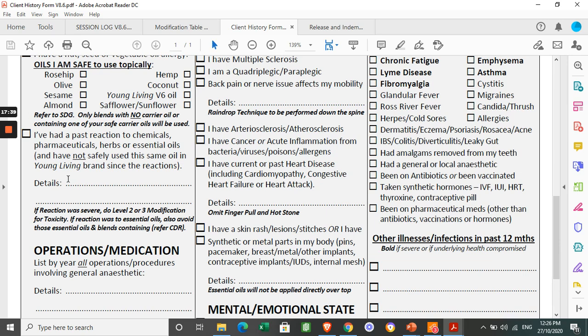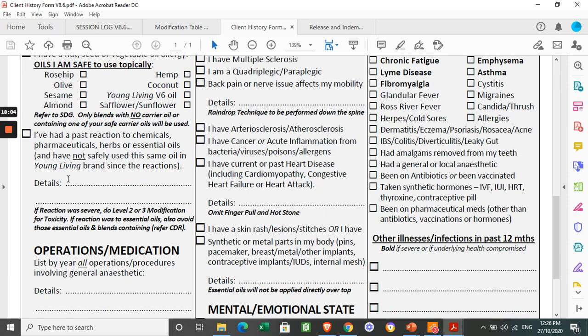So have a look at the details, we want to know the details. In my case, it would be penicillin, severe rash. In that situation, we would look at doing a level 2. A level 3 would have been if I'd gone into an anaphylactic reaction, or required hospitalization and it was life-threatening.